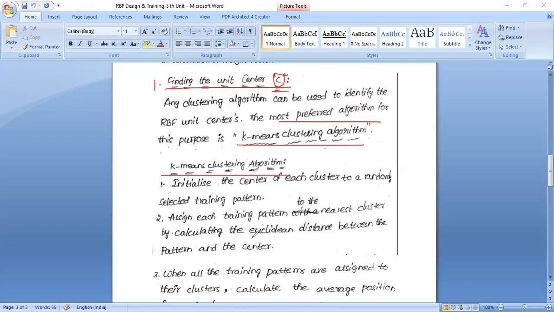First of all, as we all know, in k-means clustering, initially the centroids are assigned randomly.